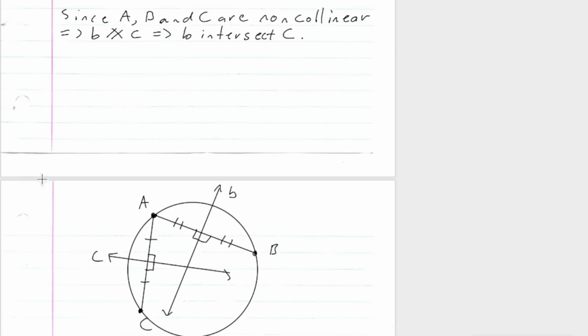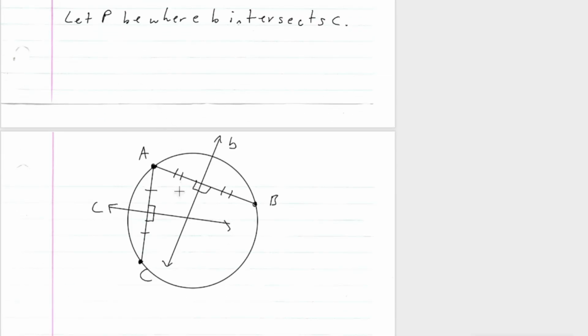Okay, so since they will intersect eventually, we're going to let P be where B intersects C, right? So we can see down here, this point of intersection is going to be P.